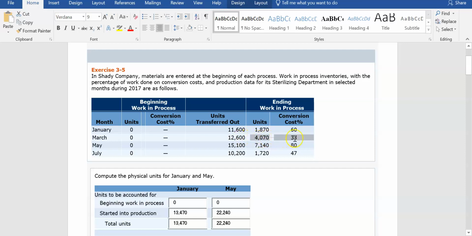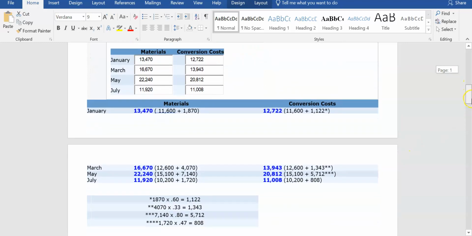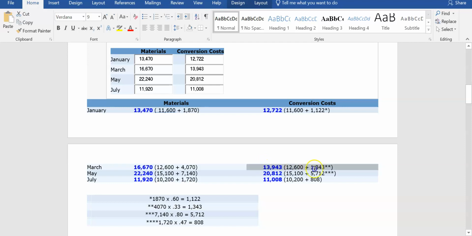However, the 4,070 still being worked on at the end of the period were only 33% complete, which means to calculate equivalent units with respect to conversion costs, 12,600, 100% fully complete, and another 4,070 that are only 33% complete, or 1,343 equivalent units. Total equivalent units for March with respect to conversion, 13,943.